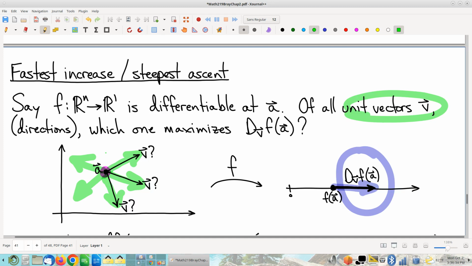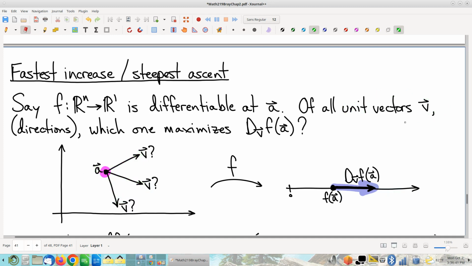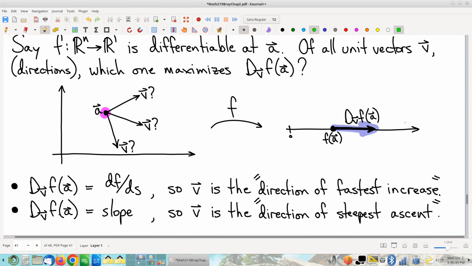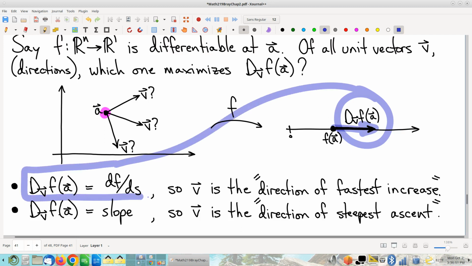Okay. All right. Before we answer this question, I want to talk a little more about how to interpret the question, and there's some terminology here. Keep in mind, directional derivative represents rate of change with respect to distance. This is one of our interpretations of directional derivative: how fast the function changes per unit distance.